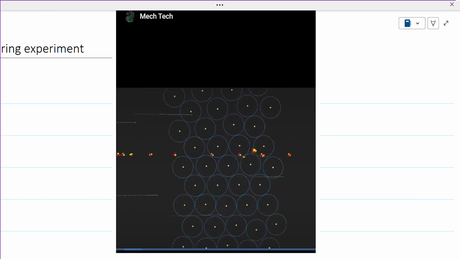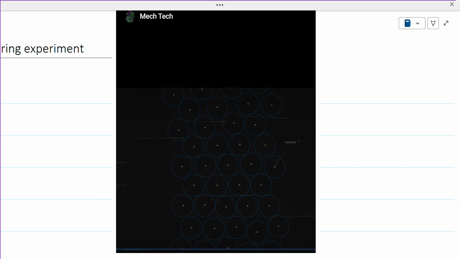Okay, so now here we have zoomed in to the atomic level, and see, alpha particles are going through the atoms of the gold. The white dots in the center are basically the nuclei of the gold atoms.